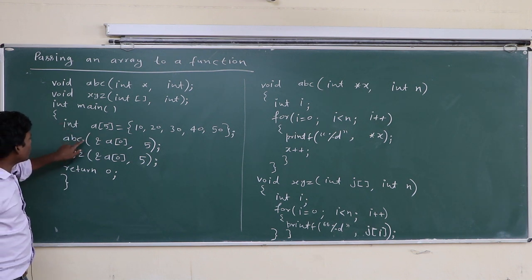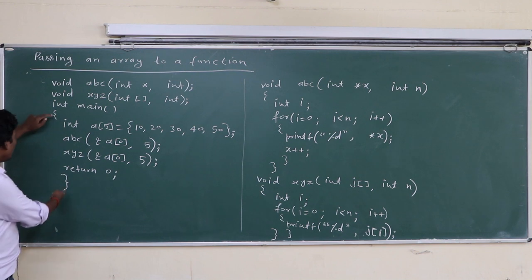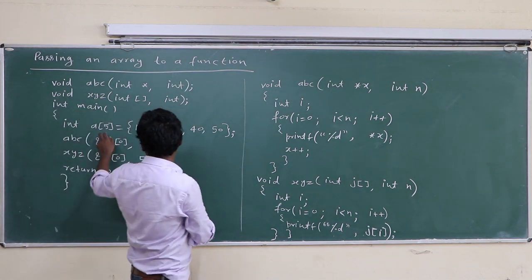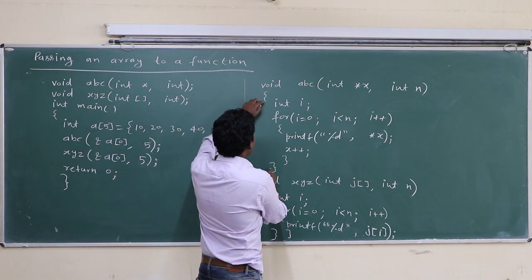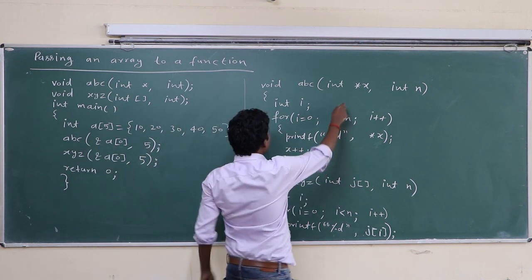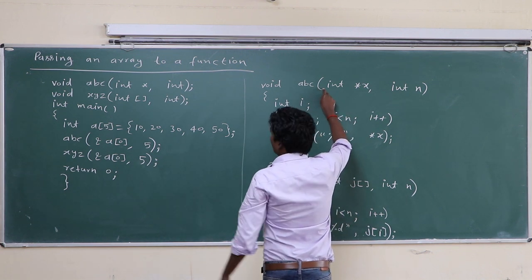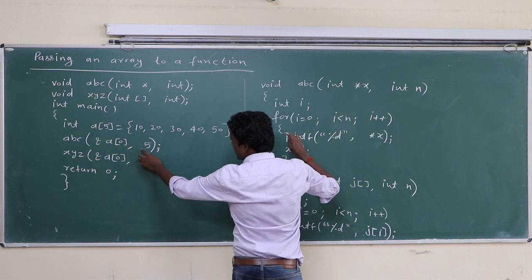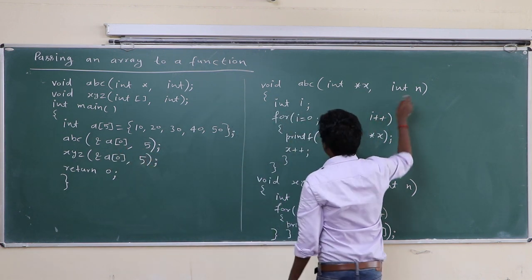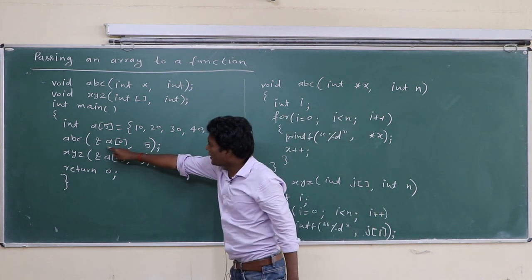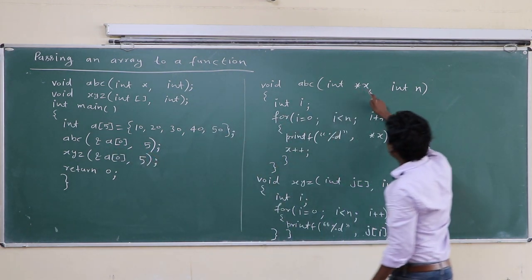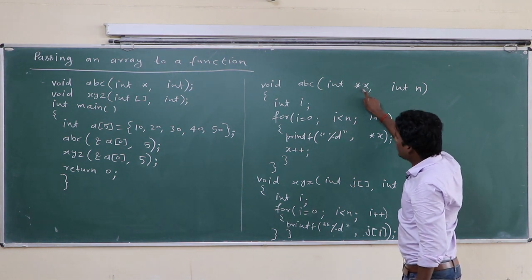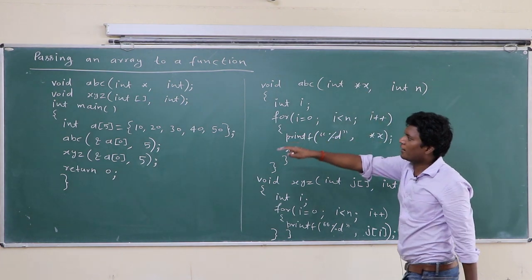Now class, when control comes to this function, whole main function is temporarily suspended, and this ABC function is active. Okay, so here control is here, whatever is supplied here is received in X, whatever is supplied here is received in Y. So class, this is the address, this is the value, so we have to make X a pointer variable, that's why it can hold base address of array.